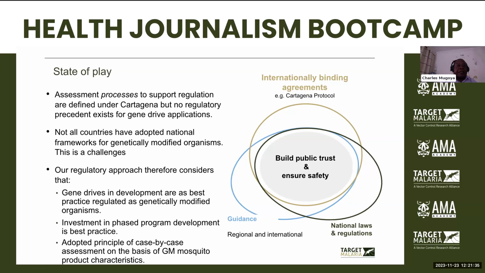So basically what happens is that the countries where we are working have adopted national frameworks for genetically modified organisms. And that framework guides the process in which we are working.